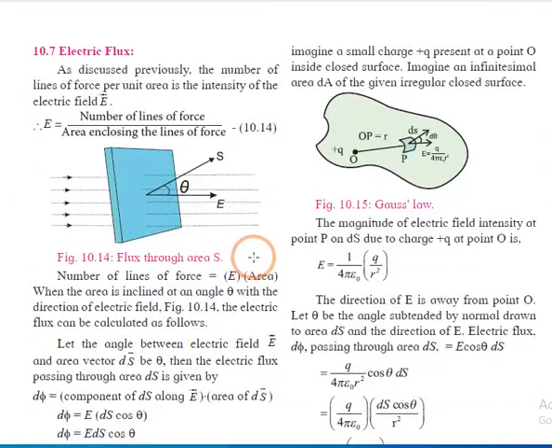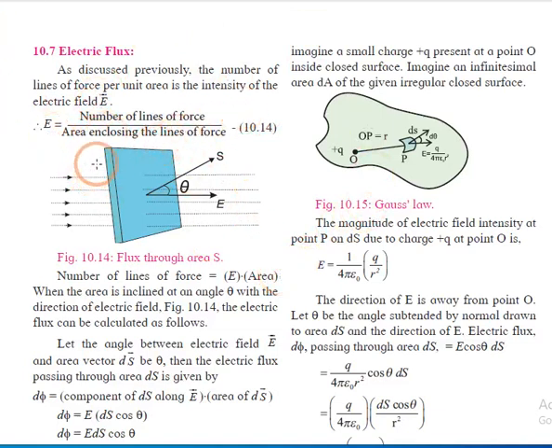The next new concept over here is electric flux. The number of lines of forces per unit area. If I consider the number of lines of forces and area, then electric field intensity is given by E equal to the same formula, number of lines of forces divided by area. Now how to calculate the number of lines of forces?